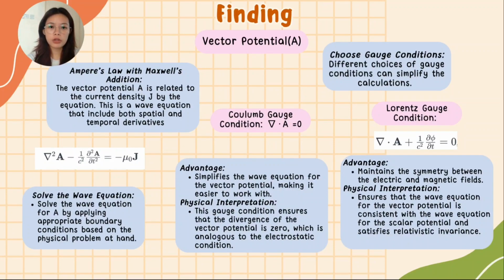The advantage of this Lorentz gauge condition is it maintains the symmetry between the electric and also the magnetic fields. The physical interpretation is it ensures that the wave equation for the vector potential is consistent with the wave equation for the scalar potential and also satisfies the relativistic invariance.